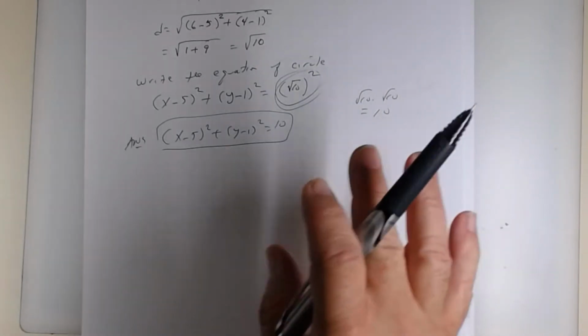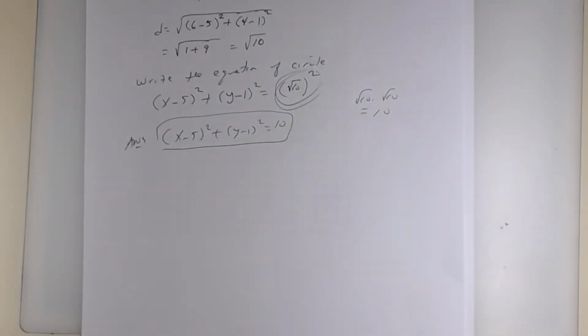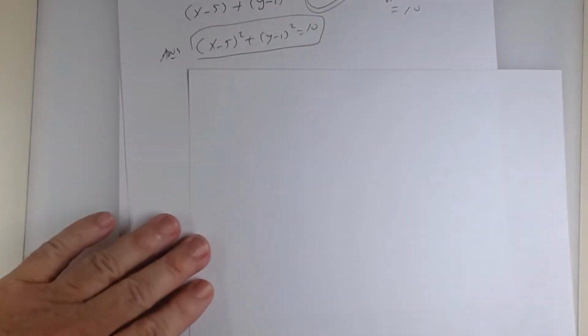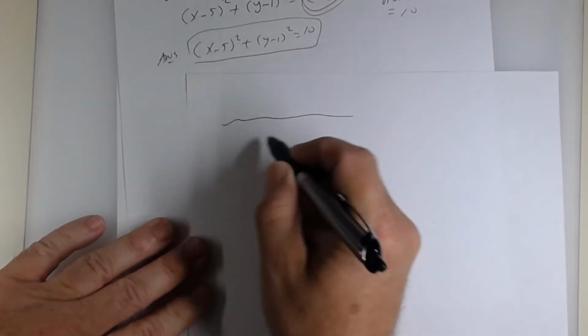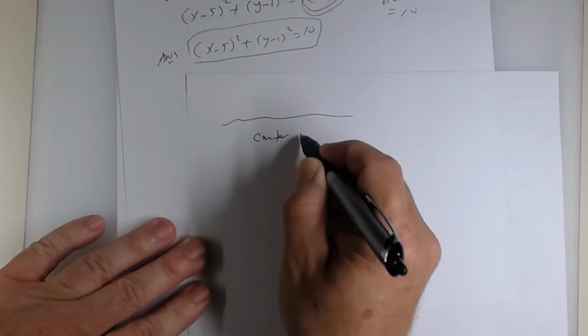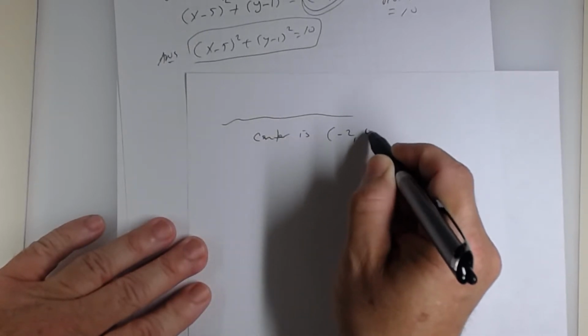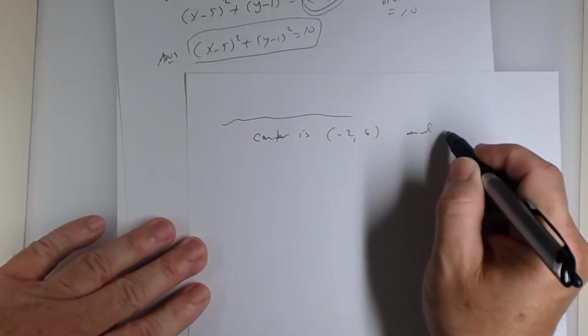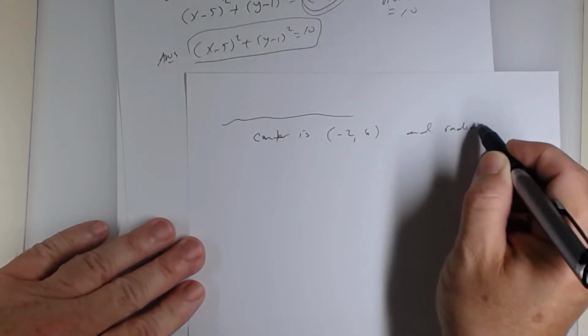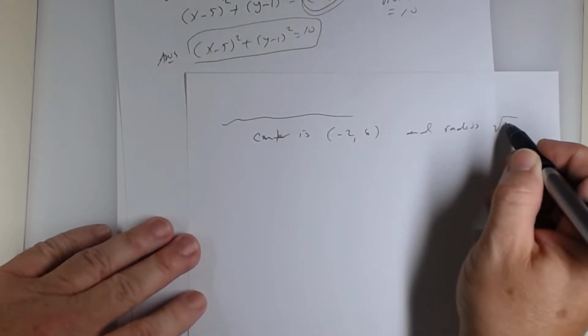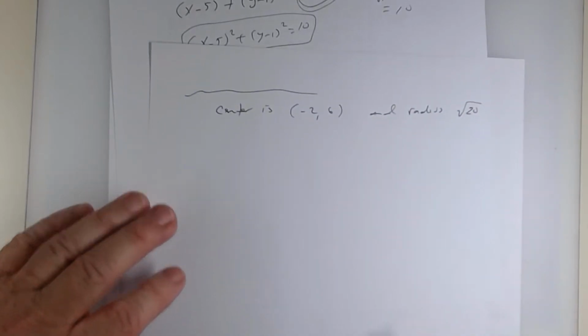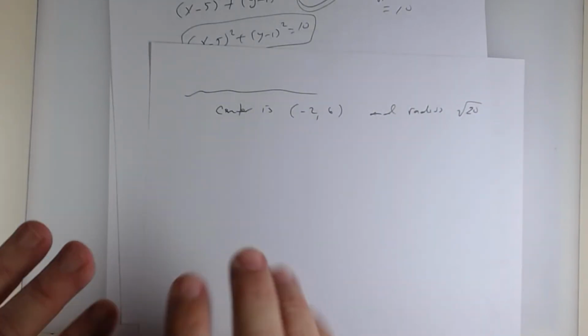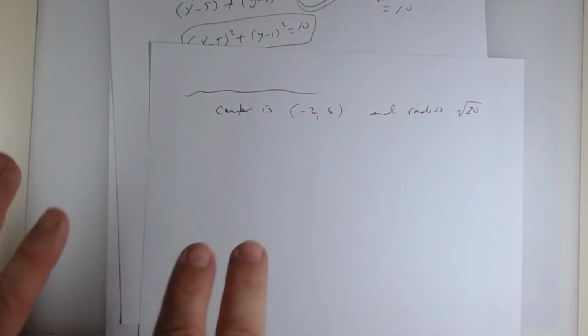So just real quick, suppose that we did all this work and we found the center to be -2, 6, and the radius is the square root of, let's say, 20.